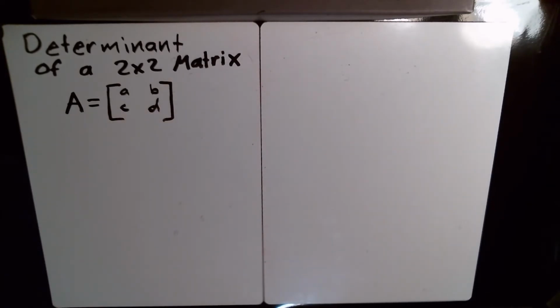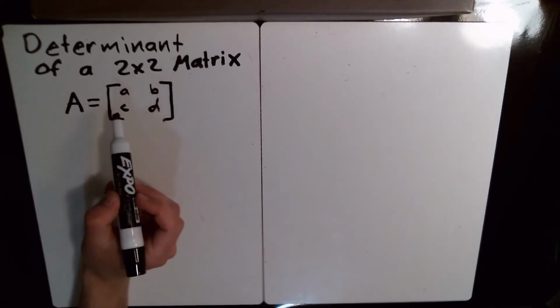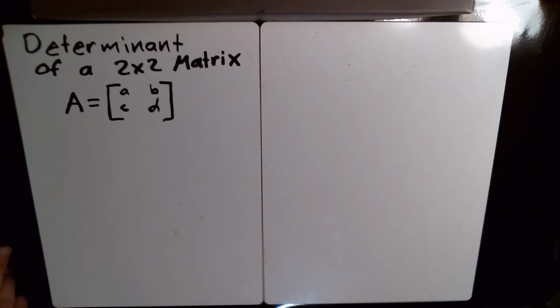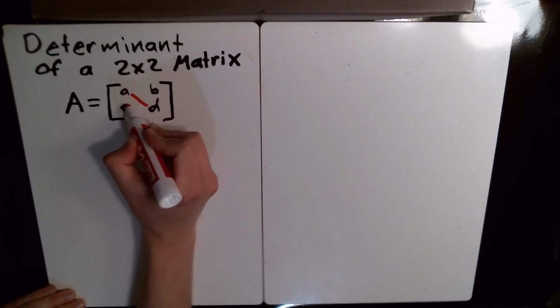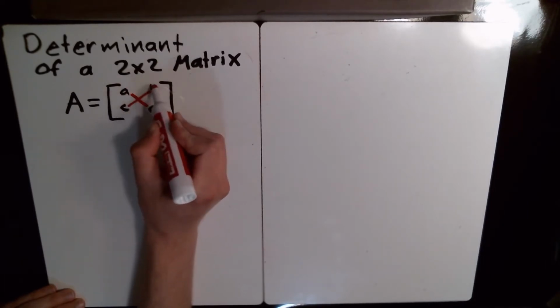Essentially, the determinant is what we described in the last video. It is the product of these two minus the product of these two.